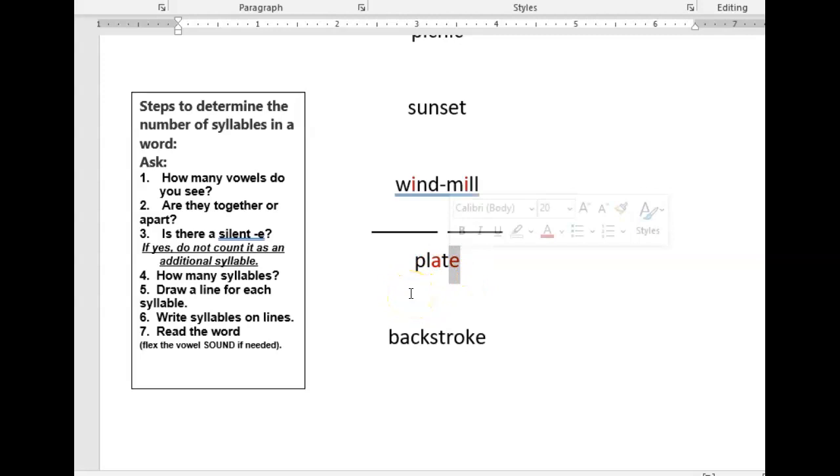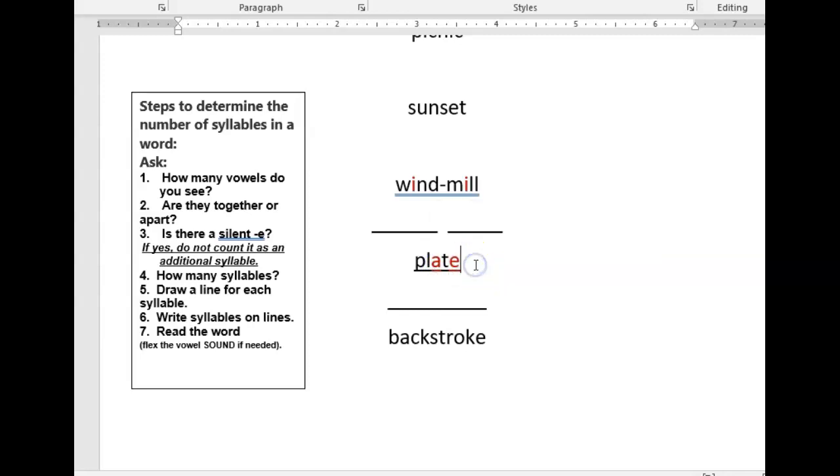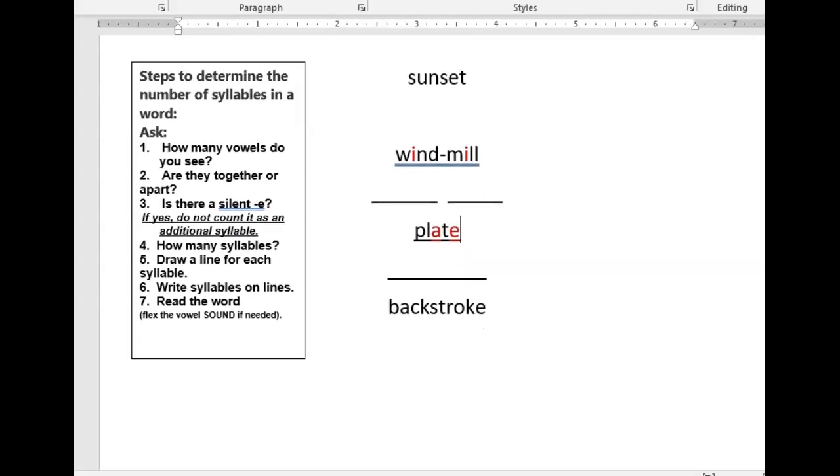So we would take away a syllable, and we would actually only have one syllable, and the syllable would be plate, because the purpose of the E in this word is to kick around to the letter A and make it say its name. So the word is plate, not plat. If we took the E away, it would be plat, but that E makes the A say its name. It's a vowel consonant E syllable.